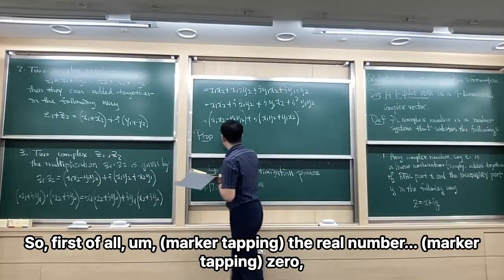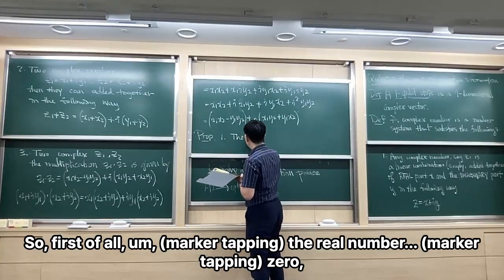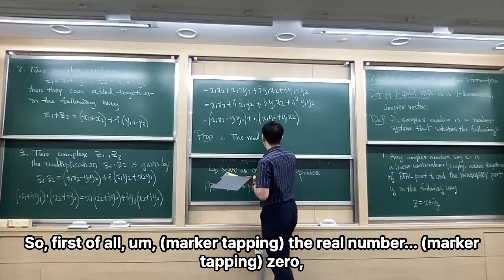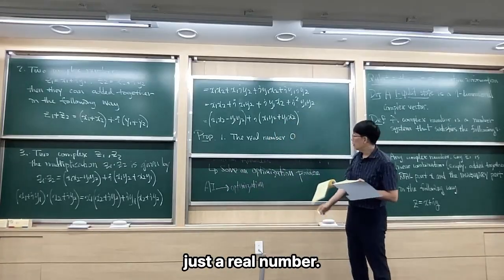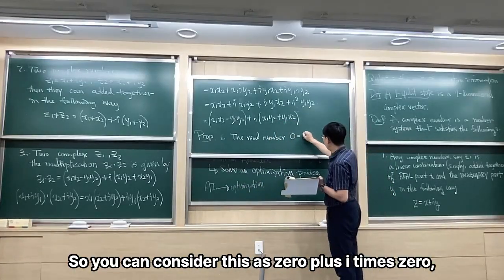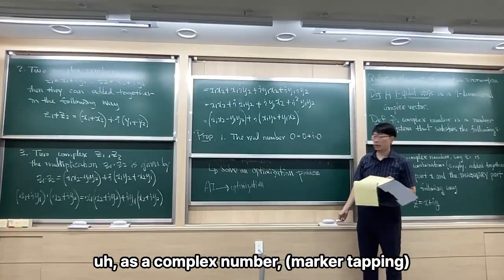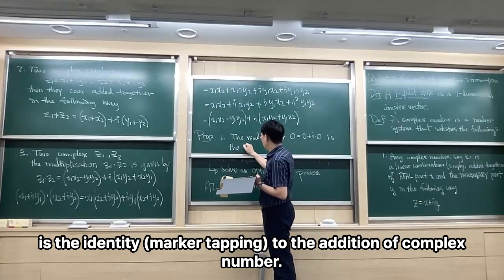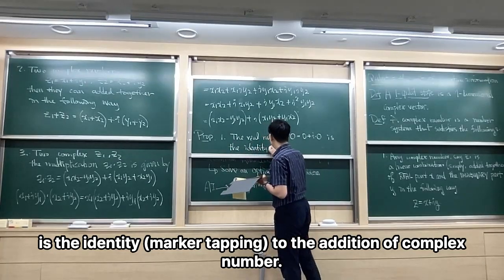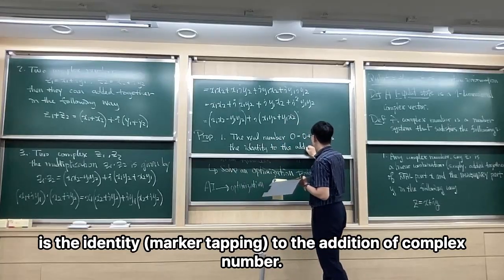So first of all, the real number 0, just the real number. You can consider this as 0 plus i times 0. So it's also considered a complex number, and it is the identity to the addition of complex numbers.